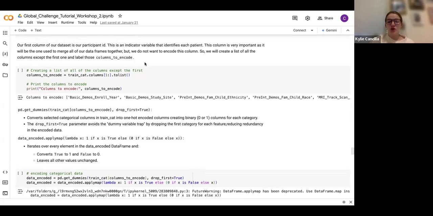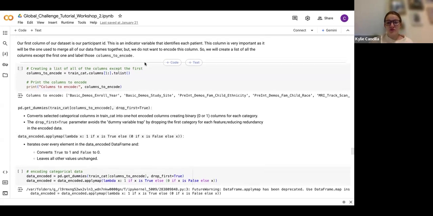But we do not want to encode this column. Participant ID has a unique value for every one of the 1100 rows that we have. So if we encoded participant ID, we would have 1100 new columns of binary values, and obviously that is not efficient. So I'm going to create a list of all the columns except the first one.